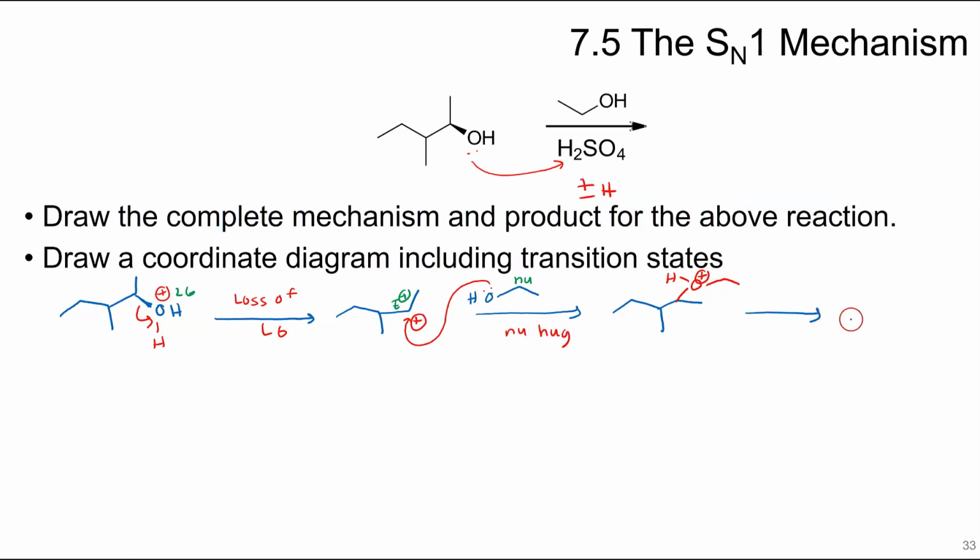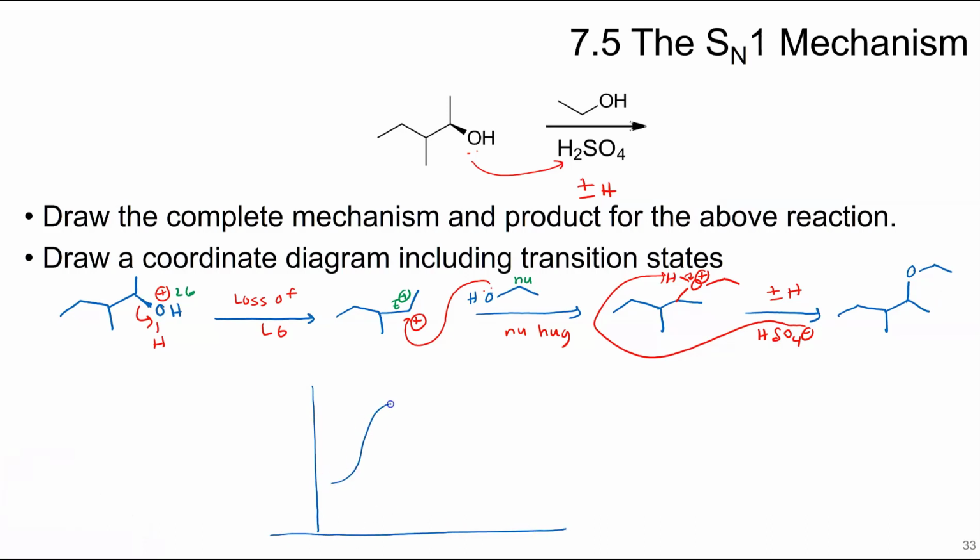And then we just have a proton transfer. So the HSO4 minus can grab that hydrogen. And then we get that ethoxy. So for the phase diagram, you get the formation of the carbocation, and then the proton transfer, and that does that.